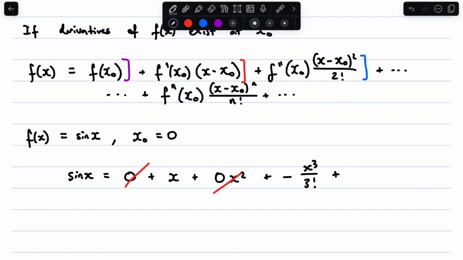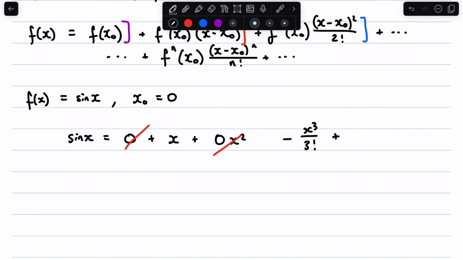And we basically will result in this alternating pattern of positive and negative values, and it will be increasing in the odd powers of x, divided by their respective power factorial. So the next term would be plus x to the 5 over 5 factorial, then minus x to the 7 over 7 factorial, etc.